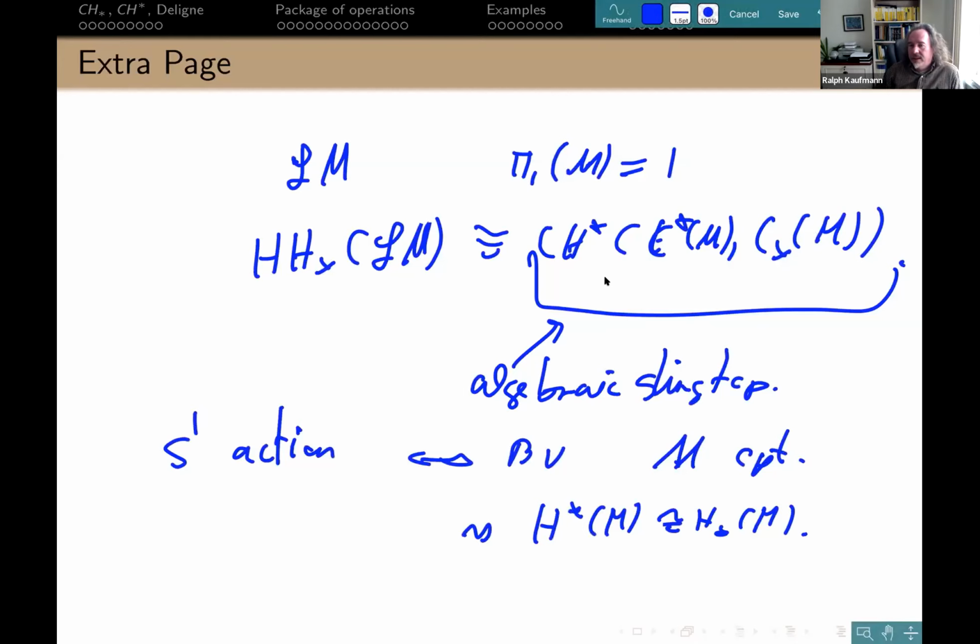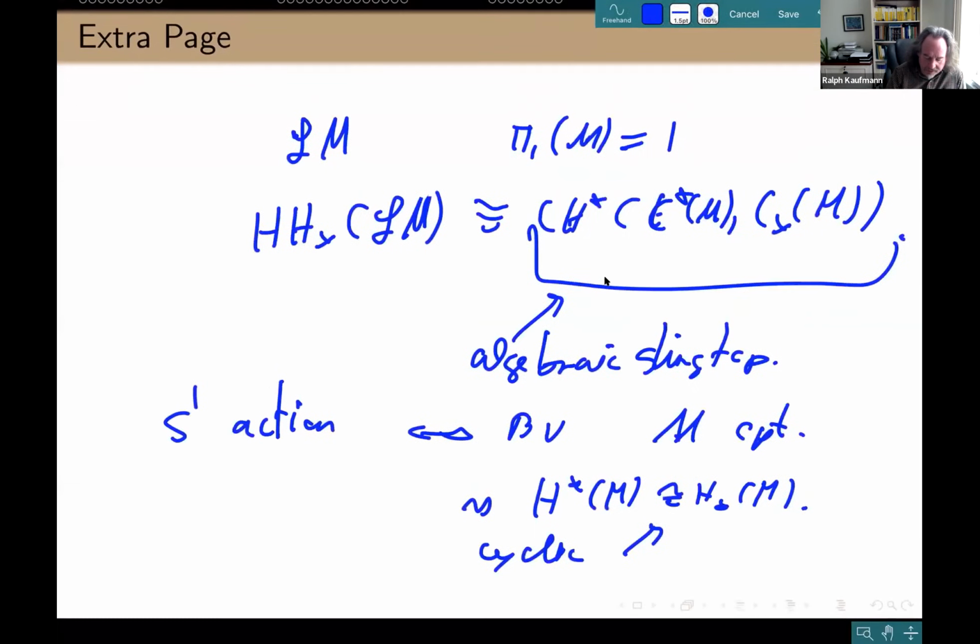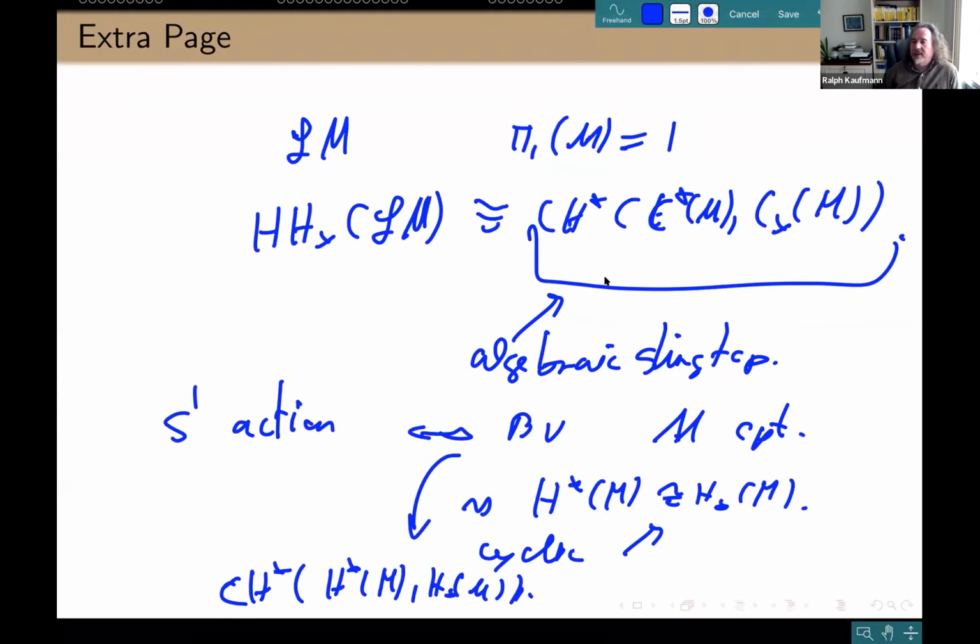This is where the cyclic stuff happens. This is what I was looking at, the Hochschild cochains of, basically, H star of M with coefficients in H star of M. This has the PE structure that I talked about.